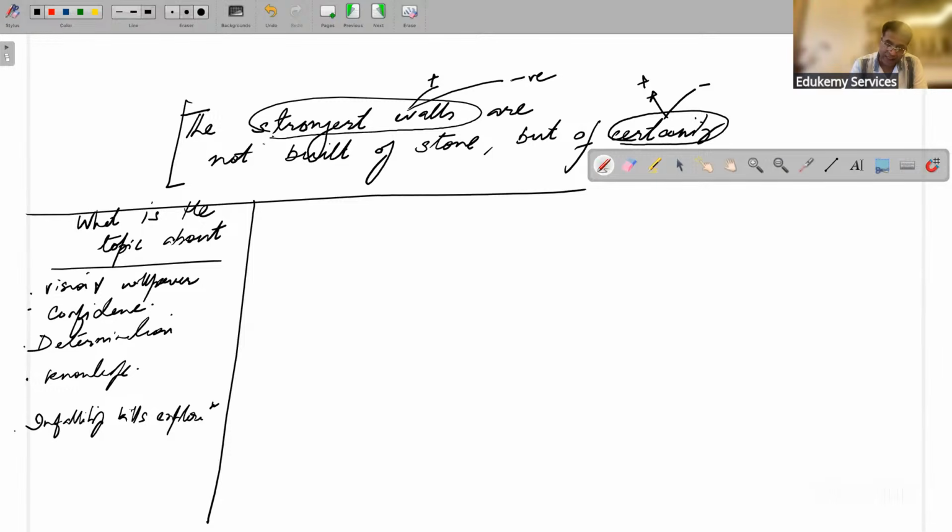यहाँ पर जो स्ट्रॉन्गेस्ट वॉल है ना, the strongest wall is a metaphor of a jail, a metaphor of a trap, a metaphor you can't escape when you are too certain about yourself. तो यहां पर certainty is actually in the negative sense.